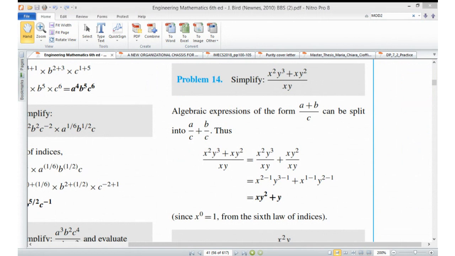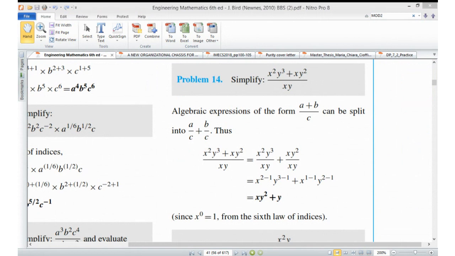So x raised to power 2 minus 1. The reason we're doing that is because it is a division. So it is like x squared divided by x power 1.